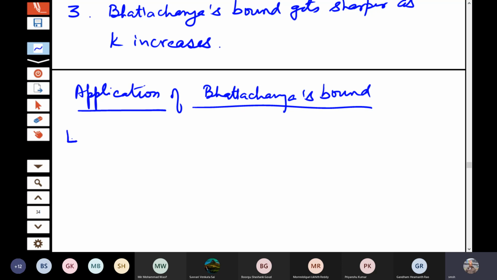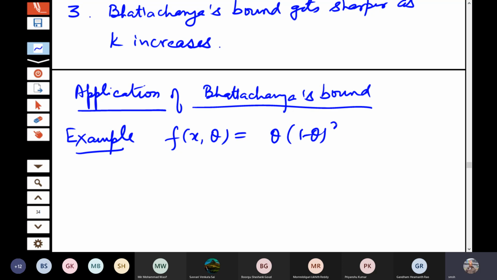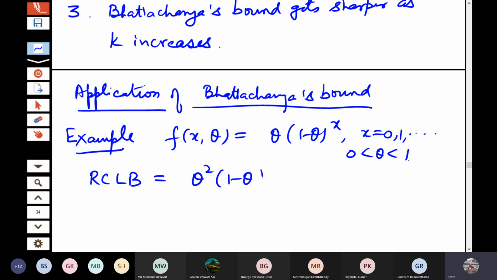Let us take the example that we have already done for RCLB. I will take the same, that is the geometric distribution. Here, if you remember, what was the RCLB? It was theta square into 1 minus theta.